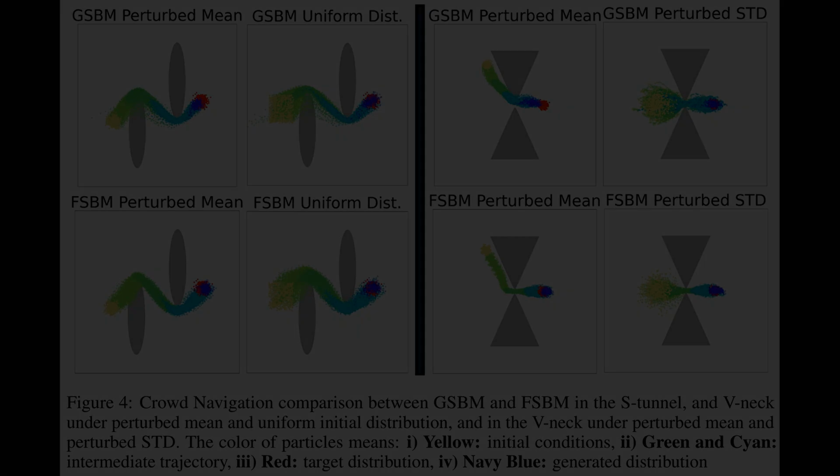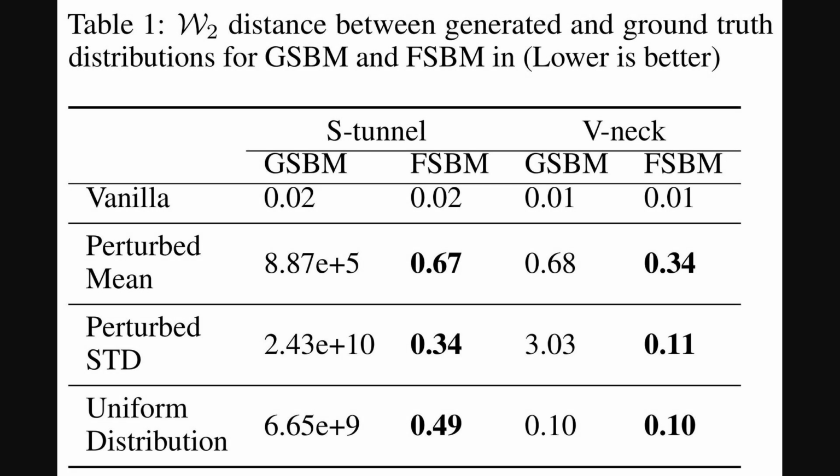Now, to put some numbers to those crowd navigation paths we just saw, this table quantifies that performance. It shows the W2 distance. That's a mathematical way to measure how different the generated data is from the ideal or ground truth distribution, with lower numbers being better. We're comparing GSBM against Feedback Schrödinger Bridge Matching for both the S-tunnel and V-neck challenges.